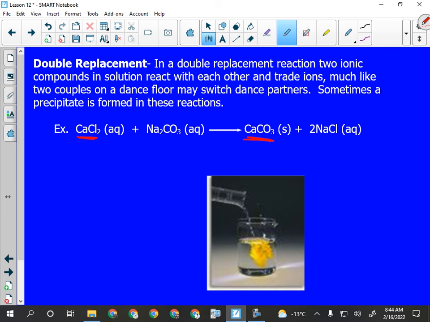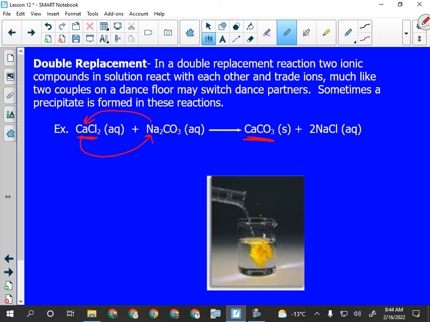So all that happens is this. The metals switch partners, and that'll create two new ionic compounds. With me so far? All right.